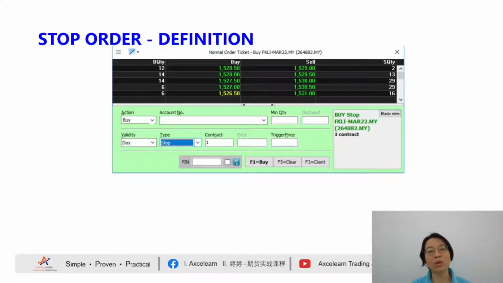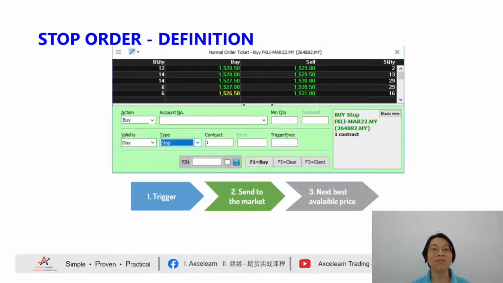Let's understand what exactly a stop order is. Technically, I'm going to divide this definition into 3 keywords. You just need to memorize these 3 keywords, then automatically you'll understand how to place a stop order and what exactly a stop order is. So what are the 3 keywords? The first one is trigger, the second is sent to the market, and the third one is next best available price.